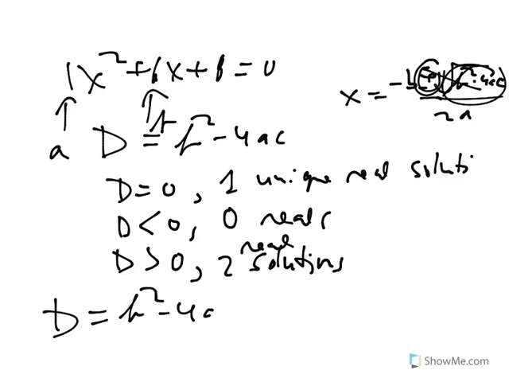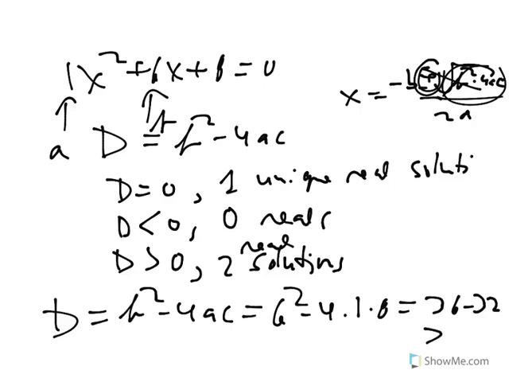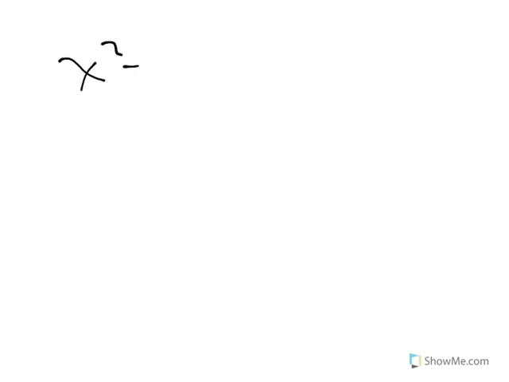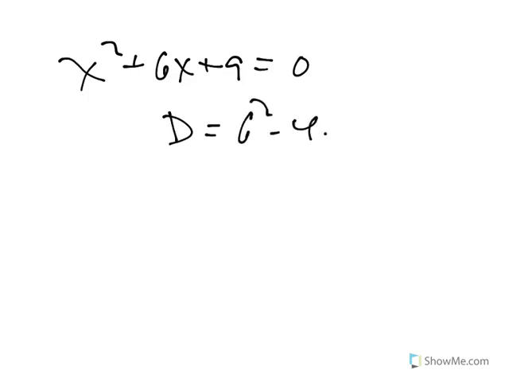So for this question, since b is 6 and a is 1, b squared minus 4ac, you don't have to do the square root, just regular b squared, is 6 squared minus 4 times 1 times 8, which is 36 minus 32, which is greater than 0. It means that there's 2 real solutions. Other possibilities, x squared plus 6x plus 9. That one, if you do b squared minus 4ac, you get 0.